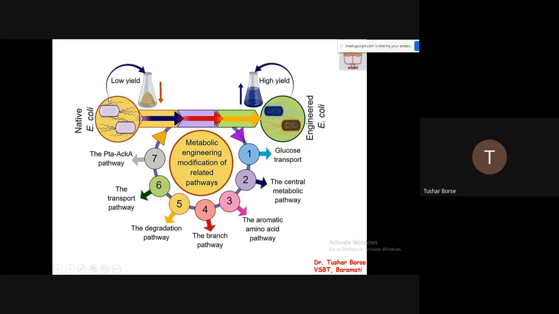Once it has been modified, it is converted into an engineered E. coli, and once you have the engineered E. coli, you can obtain a high yield of the product in which you are interested. Fine, and this is metabolic engineering. So these 1, 2, 3, 4, 5, 6 which are given give you the idea of where you can think of going for modification.